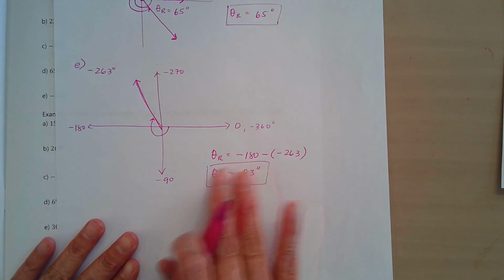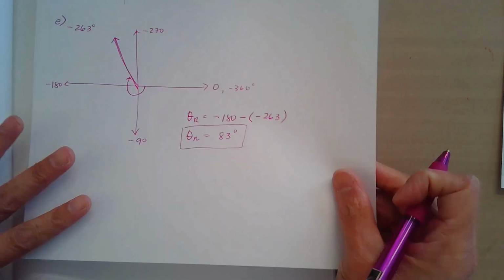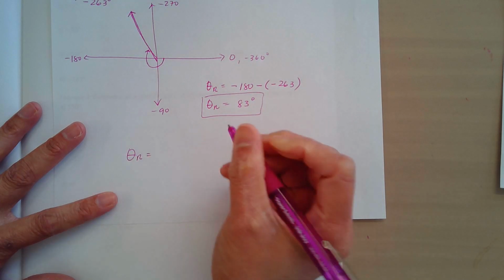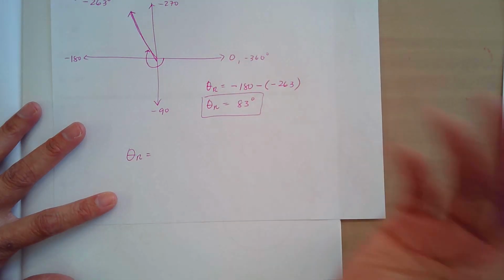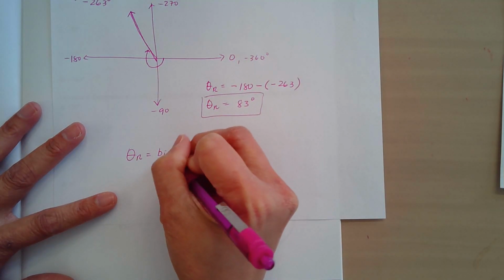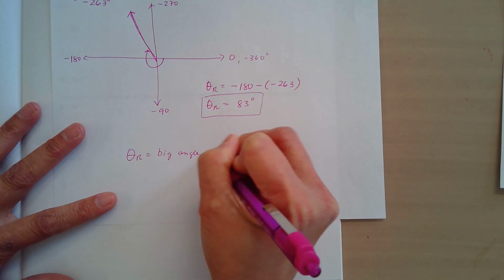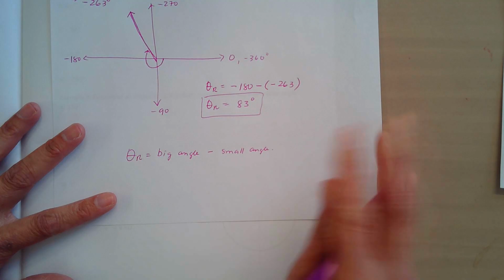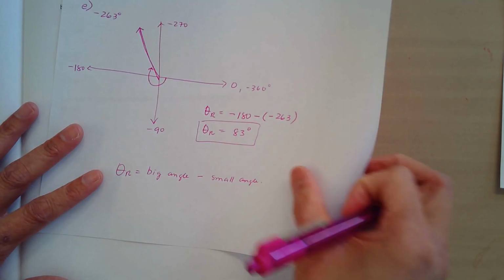Now, this is my idea. I'm going to write down what I have in here. So theta r is equal to, this is what I usually do, I take the big angle minus the small angle. Now, which one's the big angle?